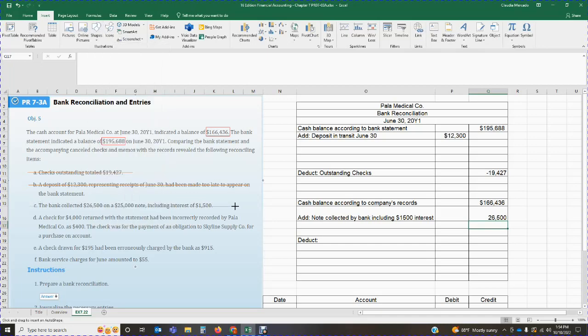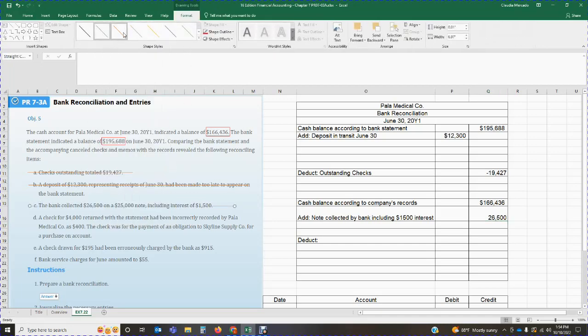You need to figure out where this adjustment goes: in the bank section or in the company section? If the bank collected money on your behalf, then the deposit has already been made at the bank level, but we have not made the deposit in the company's records. So we need to add that deposit in our books for $26,500.